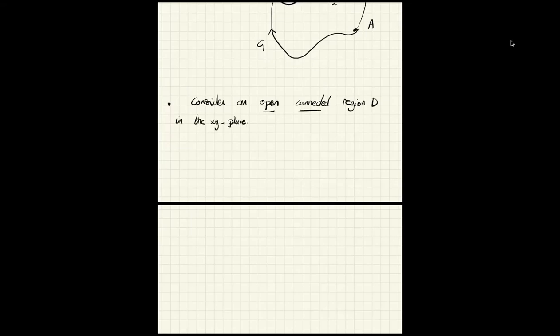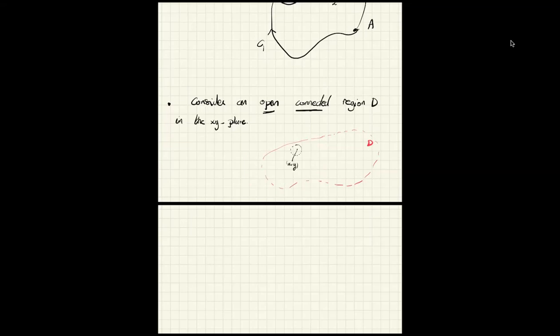Okay, I'm going to remind you what is connected and what is open. So if you have a region D, open means whatever point X and Y you choose, you can find a small ball, a small circle that goes inside the domain.